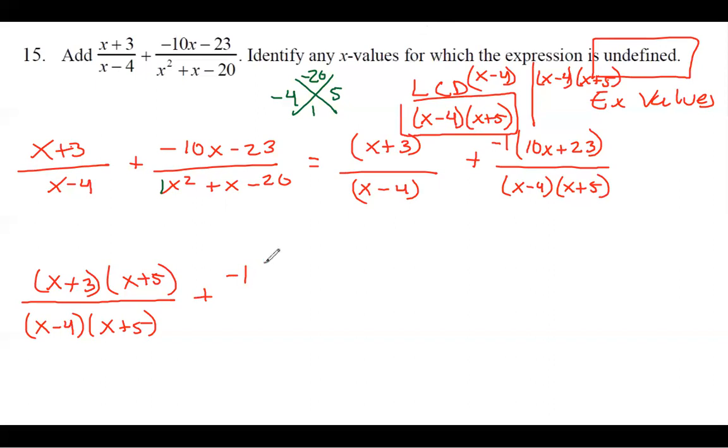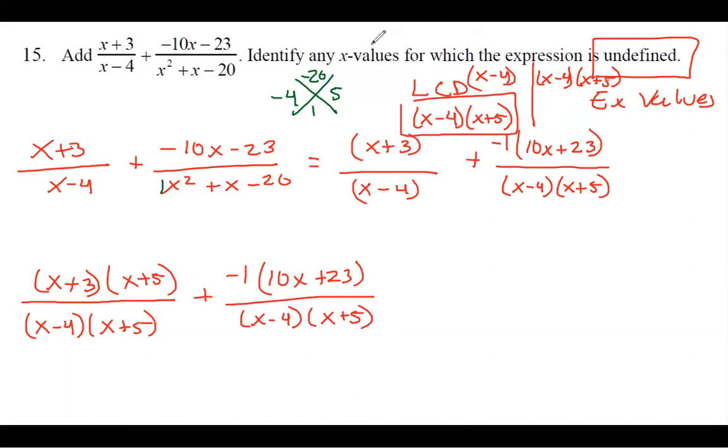So negative 1 times 10x, sorry, 10x. Am I going too fast? 10x plus 23 over x minus 4, x plus 5. Remember that my LCD had to be x minus 4, x plus 5.